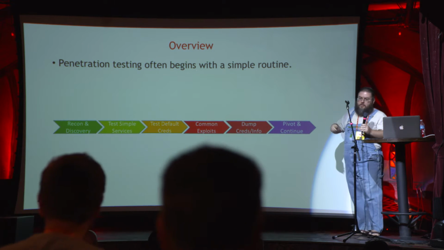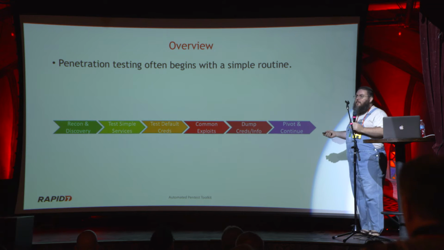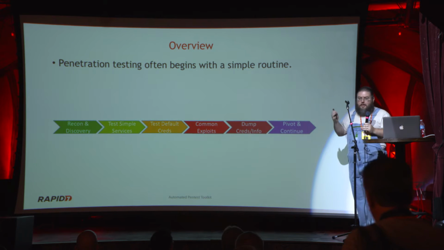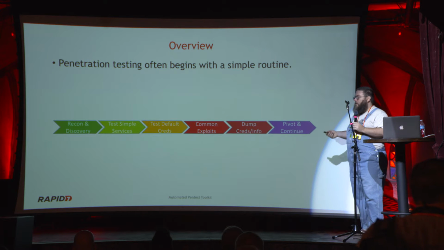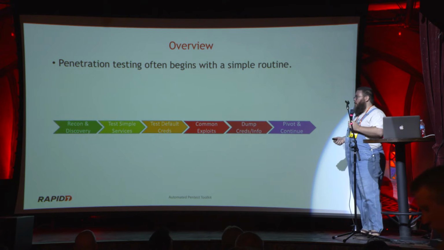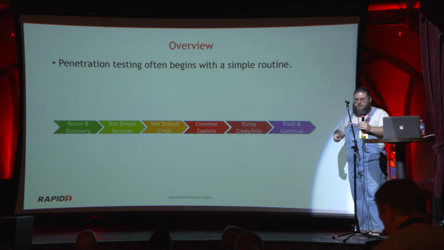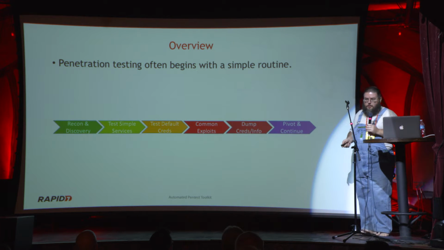You're going to pivot, keep moving on through the network. A lot of this is very common, and you're going to do the same things network to network, whether it's running Nmap or running Responder. You're going to follow the same process throughout.